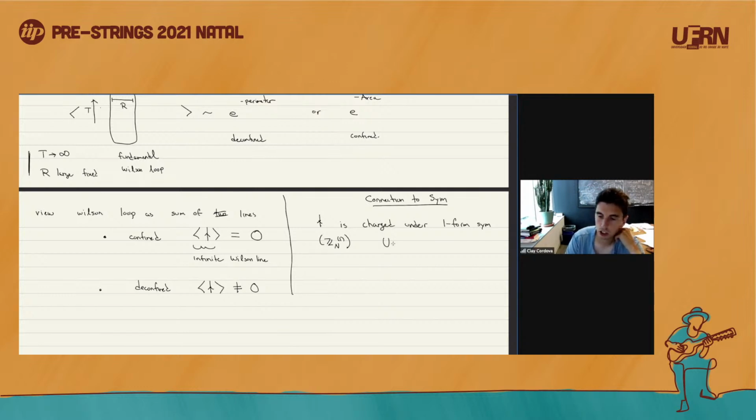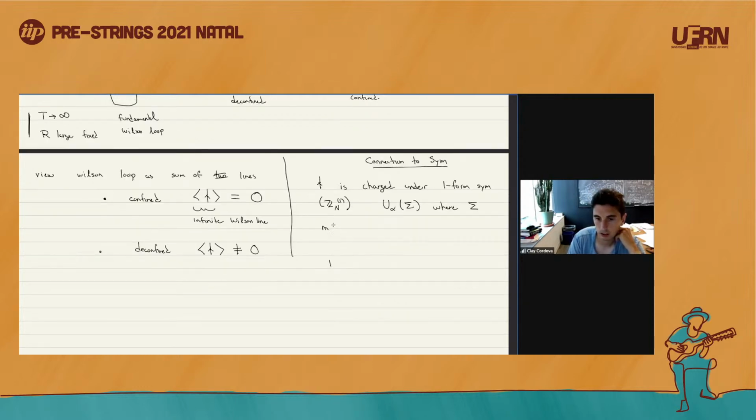We should look at U alpha of sigma, where sigma intersects this line once. Remember, this is how we think about things in the Hilbert space interpretation that we talked about yesterday.